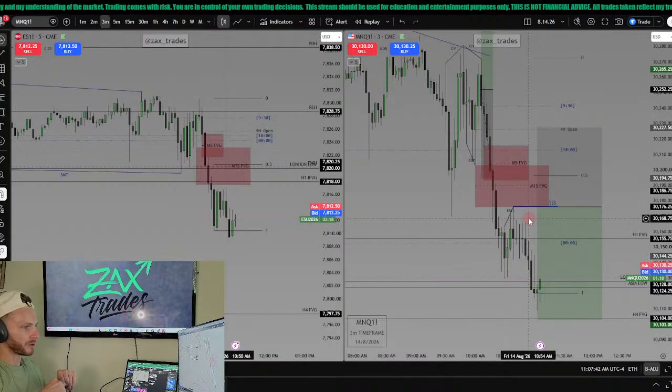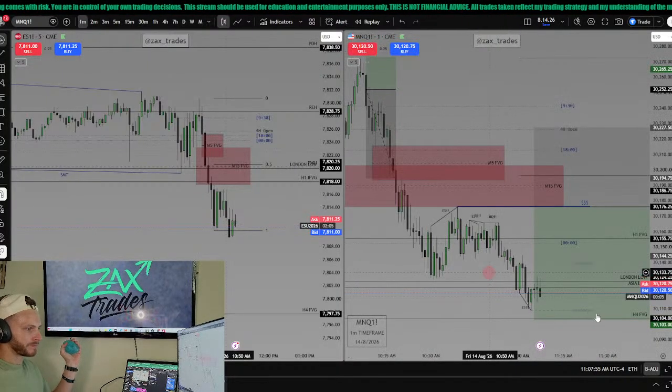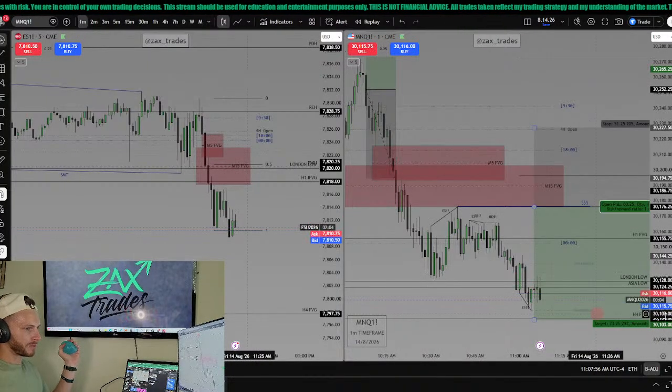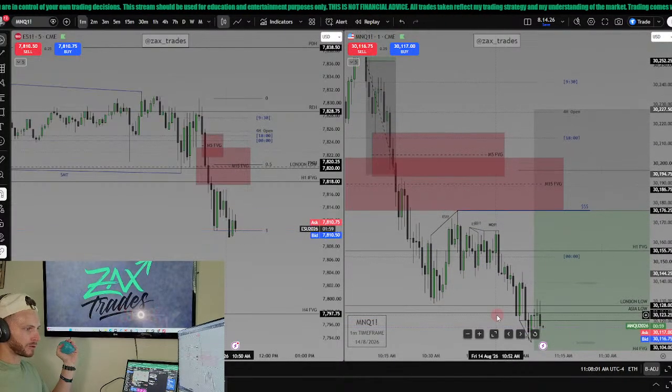Now, close below the Asia low and the London low. Why is that important? Because that is invalidating the S&P on the higher time frame. Okay. I mean, at this point, it's just following 1 minute structure.